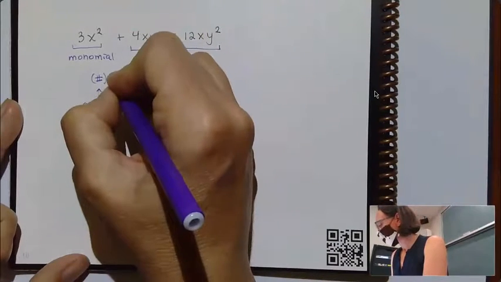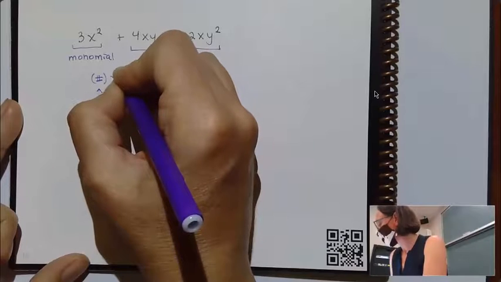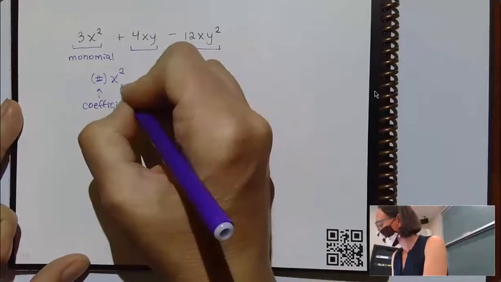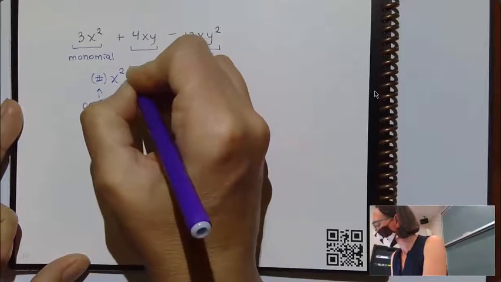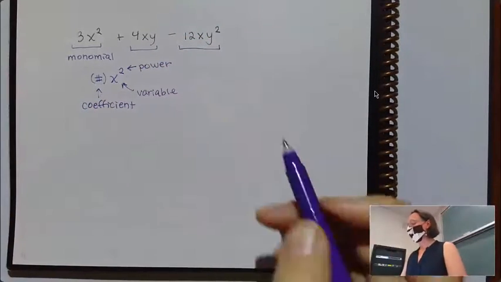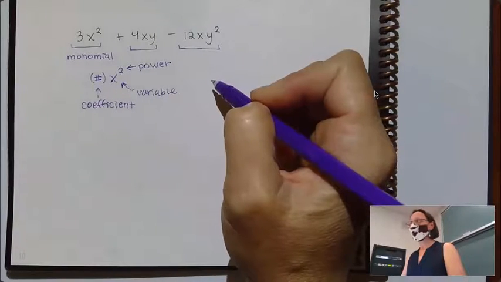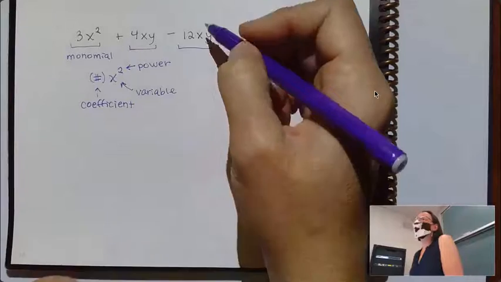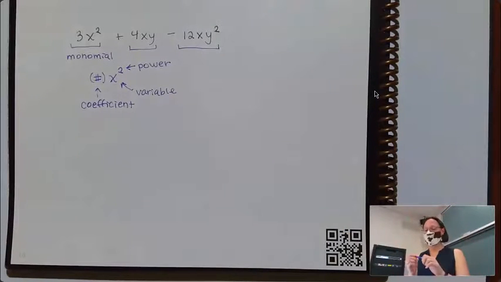So in this case, we had an x squared, so I'd have a variable and a power. Even if we have more than one variable, it's still a monomial. We could talk about the degree of a monomial being the total sum of the powers. That's all vocabulary that we don't really need to worry about right now.